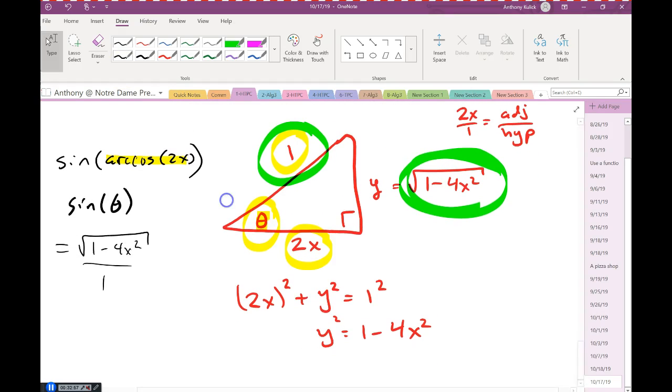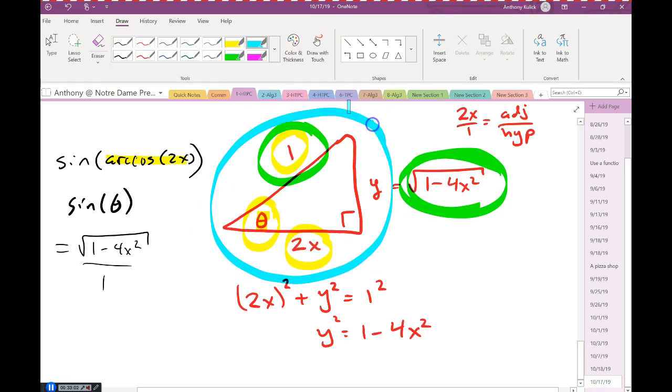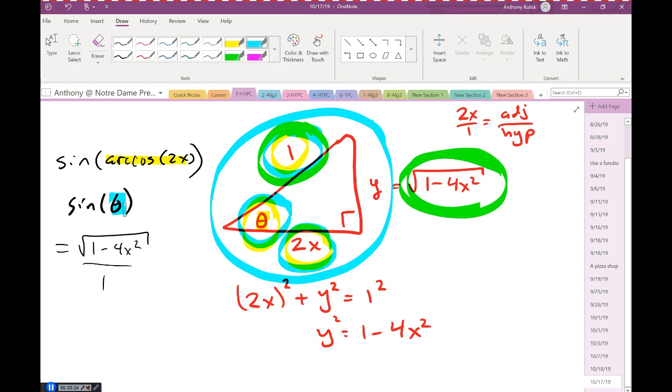So to find the arc cosine of 2x, we have to be dealing inside of this triangle. Specifically, cosine of this angle, theta, will give us 2x over 1, right? So theta is the answer to arc cosine of 2x. It's that theta from that triangle. So to take sine of theta, I just do opposite over hypotenuse for that specific triangle. Done.